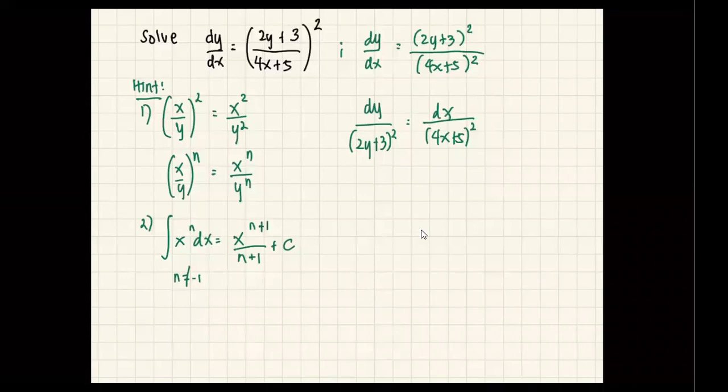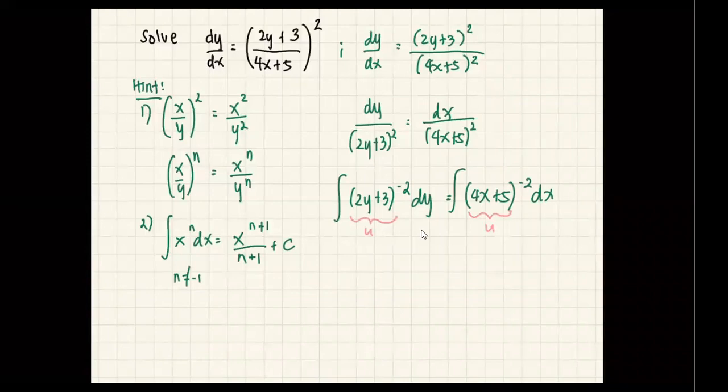Okay. Pag in-integrate tong left side, try natin. So, yung sa ilalim, pwede natin lagay sa taas. So, yung exponent natin magiging -2, dy is equals to 4x plus 5 to the -2 dx. Then integrate natin. So, dito, ito yung u natin.